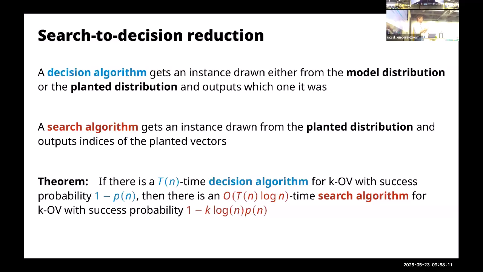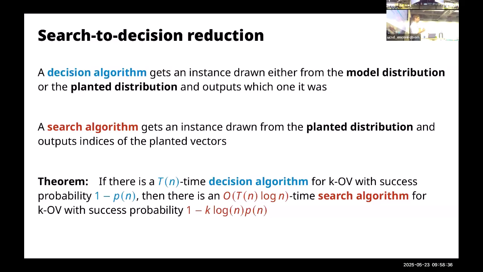And of course, the algorithm is going to work with some success probability, like you cannot guarantee. I mean, there is a non-zero probability of drawing the same instance from both distributions, so there must be some error. And then the search algorithm is guaranteed to get an instance from the planted distribution, but its goal is to find the indices of the planted vector.